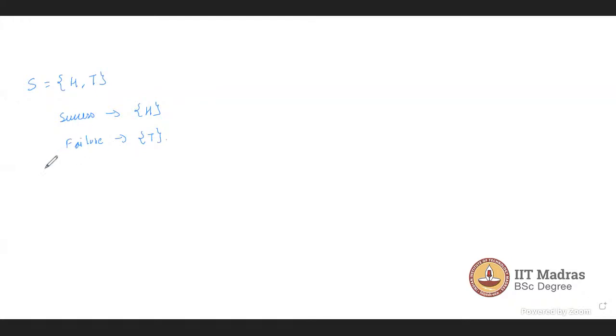So if I associate a random variable x, which counts the number of successes, the number of heads I am getting, it should get an increment of 1 if heads appear, right? And 0 if tails appear.